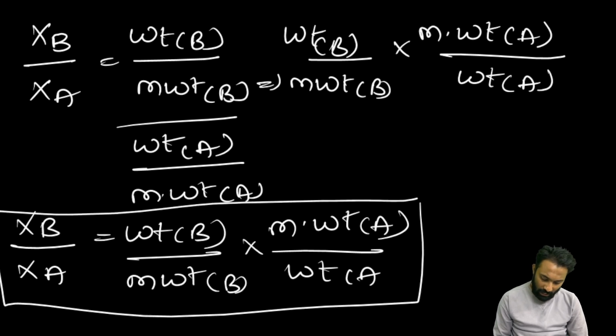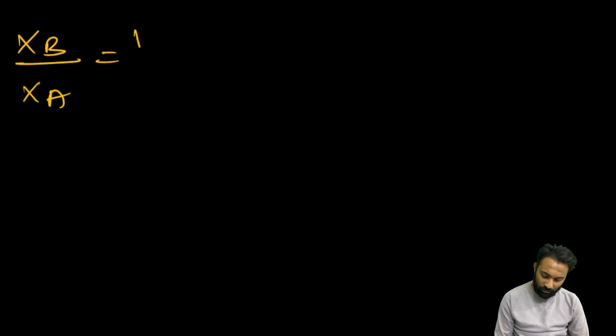By this one, how to relate it with the molality, now we'll see. Chi B by chi A is equal to weight of solute by molecular weight of solute.